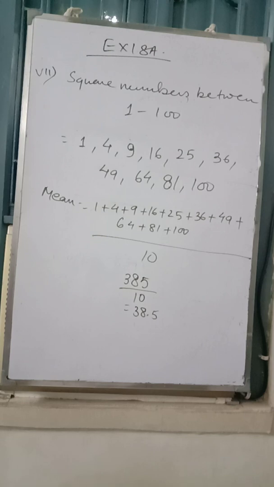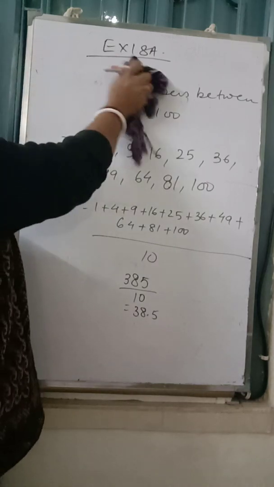So look at question number 2. Next we have: the mean of these numbers is 79. Find the value of x.